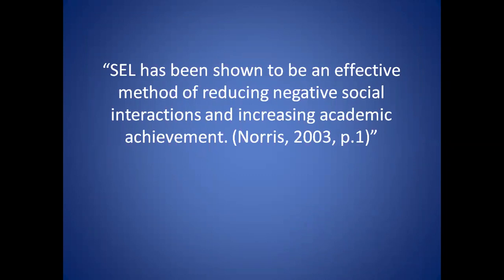I just want to give you the basis that this is more than what looks like it would work. It actually is tested information about what works. So social emotional learning, according to a study done by Norris, actually reduced the negative interactions in the classroom and increased the measurable academic achievement of students. So some great goals there.